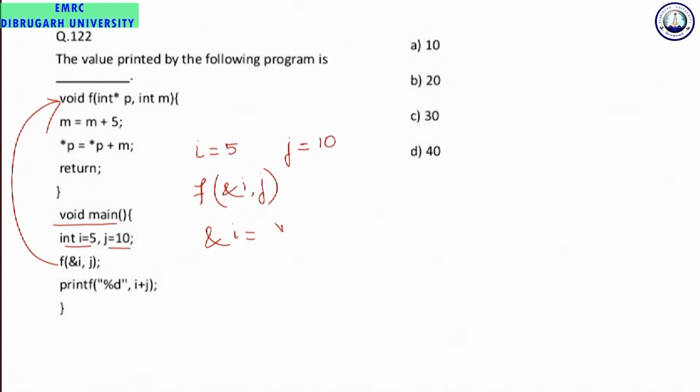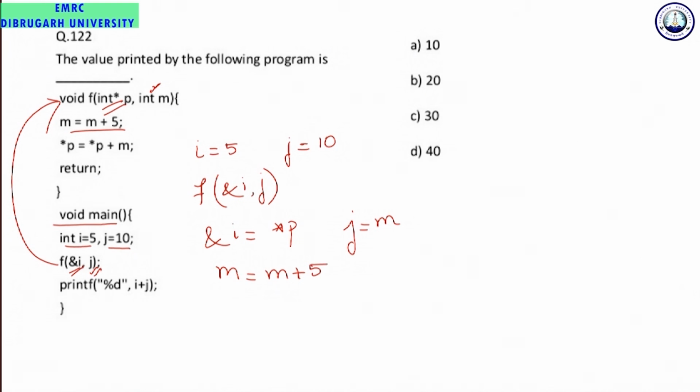Your ampersand i is like your pointer p, here this one compares here, and for this one you are comparing here, and j is equal to m. Now here m is equal to m plus 5.